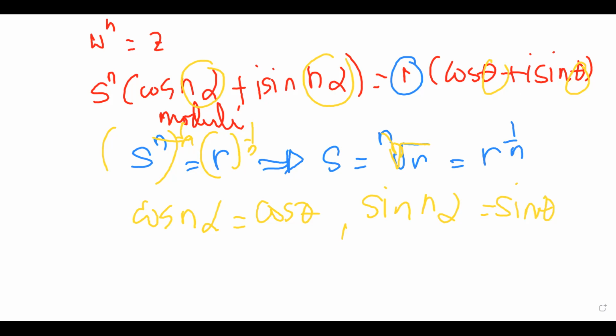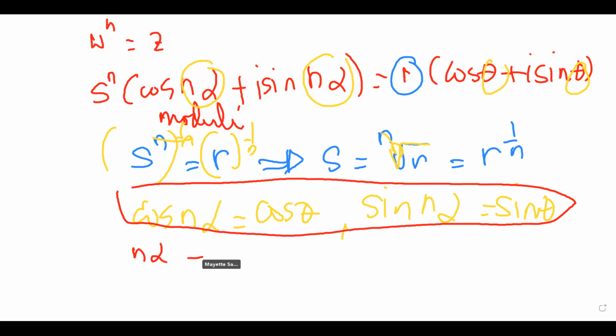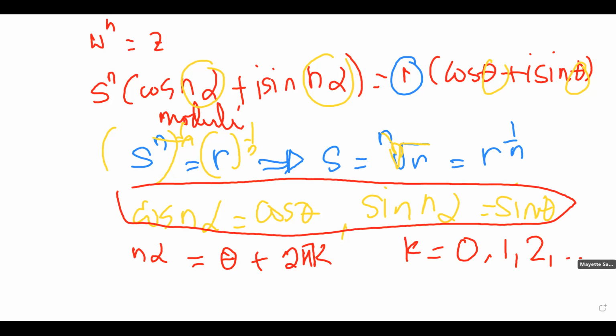Now we know that for both sine and cosine, n alpha, meaning one rotation, is equal to theta, the angle, plus 2 pi k, or 2k pi, where k is the rotation number: 0 rotation, meaning the first angle theta, 1 rotation, meaning k is 1, 2, and so on.